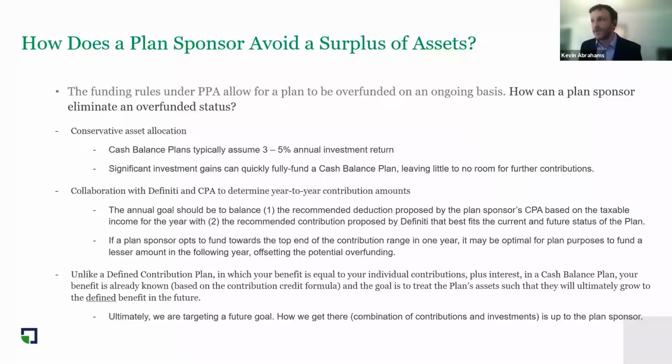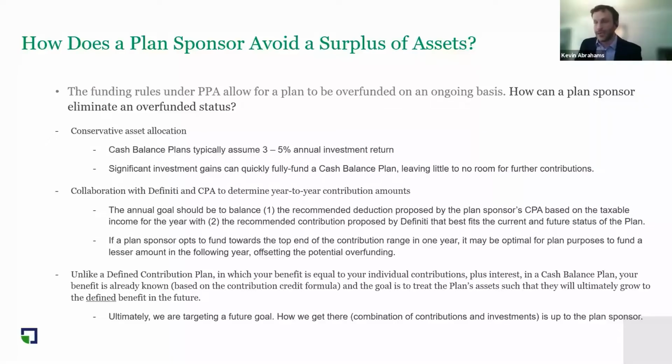And so if we assume that the plan is going to return 5% and there's actually a 20% return each year, well, that's going to limit the deductions that the plan sponsor could take in future years, because essentially future contributions, future deductions are eaten up by these investment gains. And that's why, while we don't give investment advice, a more conservative approach is good for both the low end for when there's a downturn and also when there's a big boom. It keeps the plan more in control.